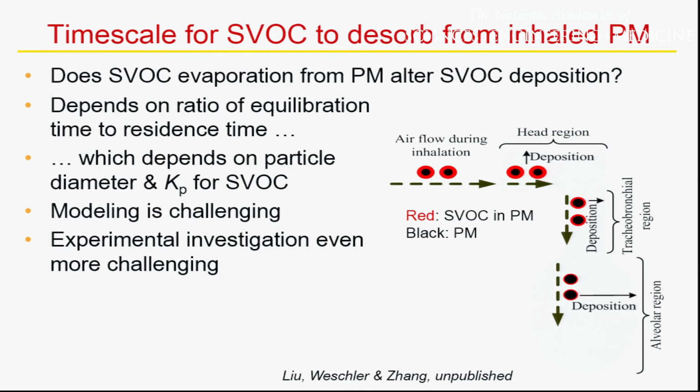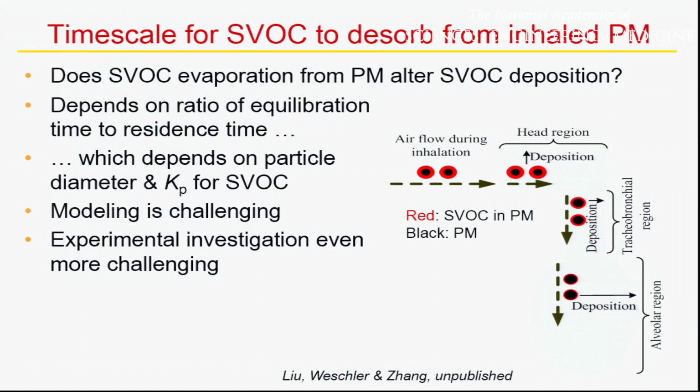I've spoken about SVOCs sorbing to the surface of airborne particles. Imagine that we inhale a particle that has sorbed on its surface a phthalate ester. As that particle travels from the breathing zone to the alveoli, do those phthalate esters remain associated with the PM, or do they desorb?